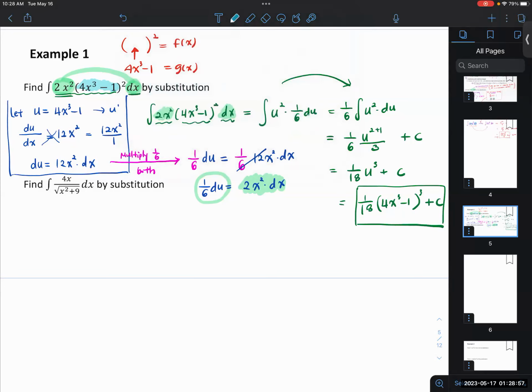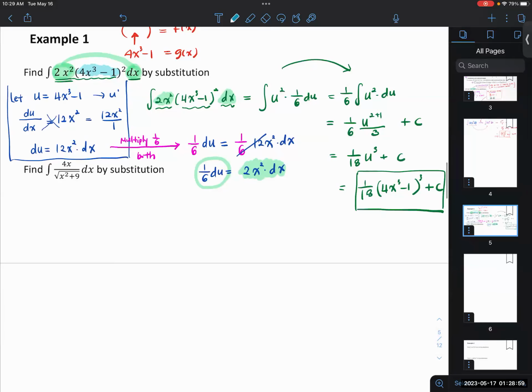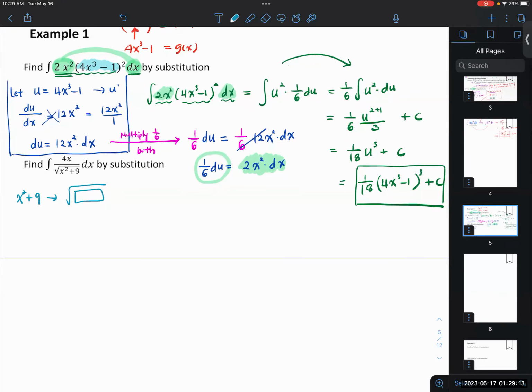All right, here we need to see the structure 4x over the radical of x² + 9. You see that x² + 9 has been put inside the radical function, correct? So I'm going to use a u substitution. Let u equal x² + 9.